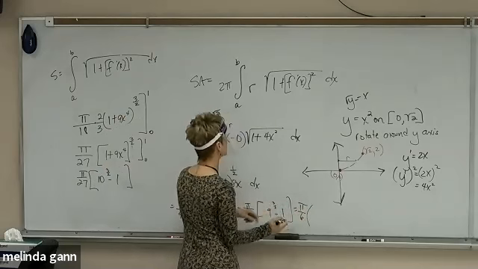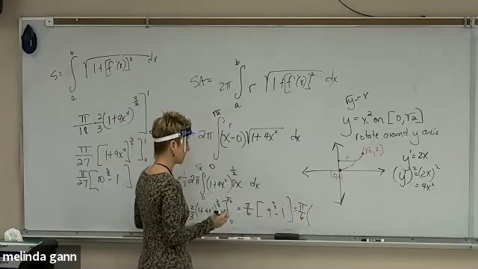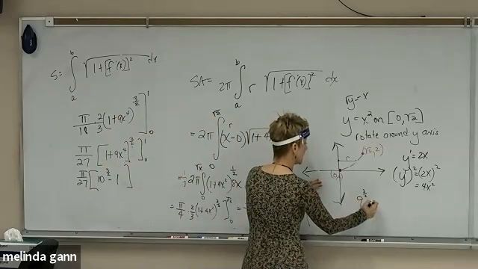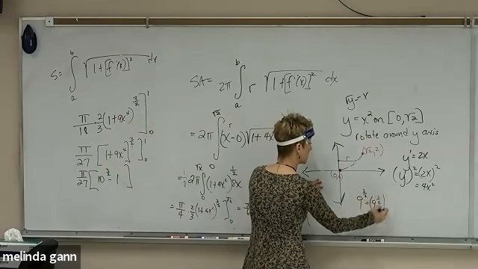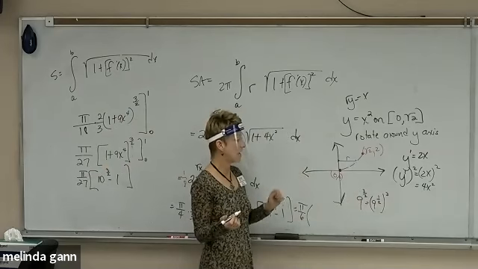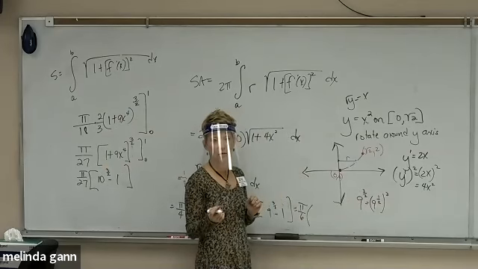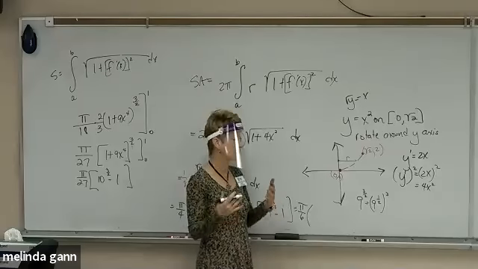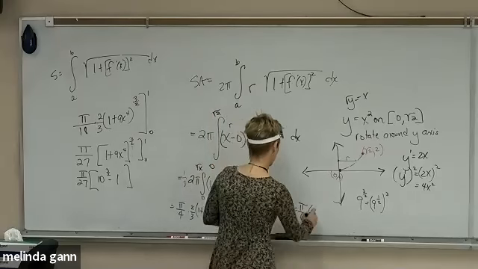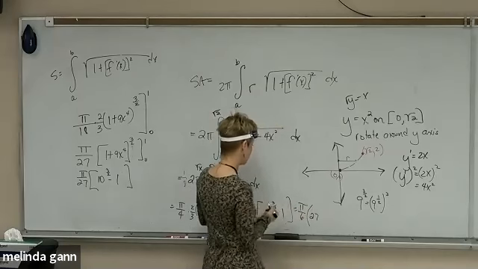Now, 9 to the 3/2. Isn't that the same thing as 9 to the 1/2 cubed? What's 9 to the 1/2 really mean? The what? Square root of 9. So what's the square root of 9? 3. And what's 3 cubed? 27.